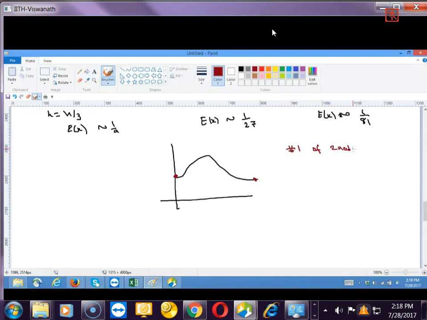Then I have two nodes, this is A and this is B. The solution is I can fit a straight line, so it's a linear curve.